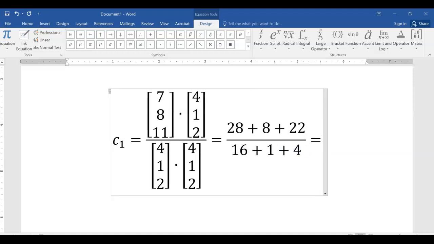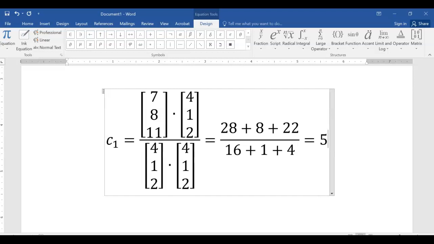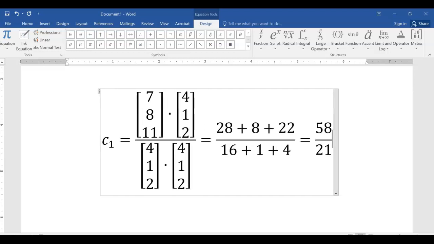So what we get is 58 over 21. There you go, 58 over 21. That does not simplify. So that's it. 58 over 21 is coefficient 1.